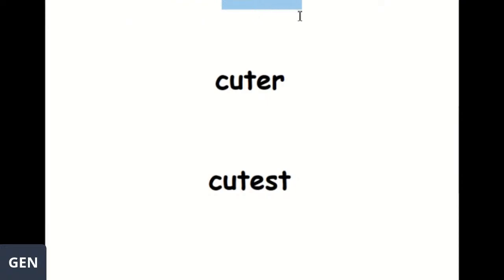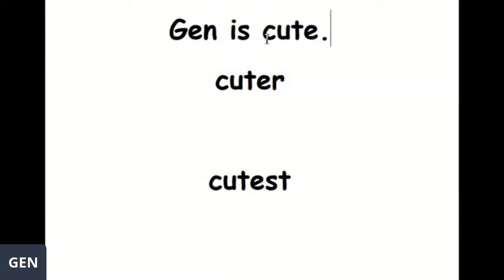Cute, that's the positive. Cuter, that's the comparative, and cutest, that's the superlative. I'm going to give you an example for cute. This is very easy. So, example: Jen is cute. And that's done.